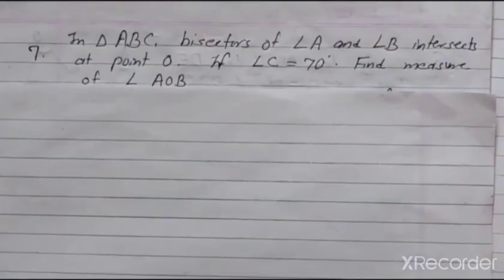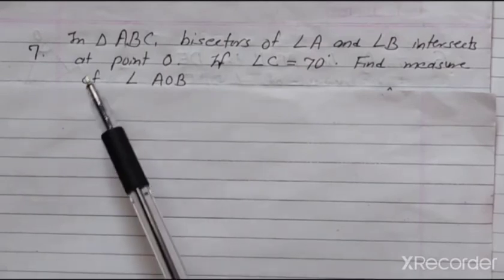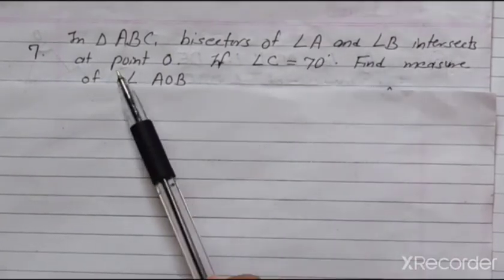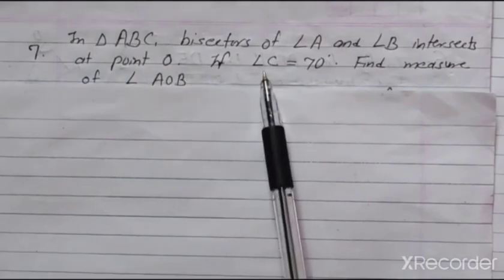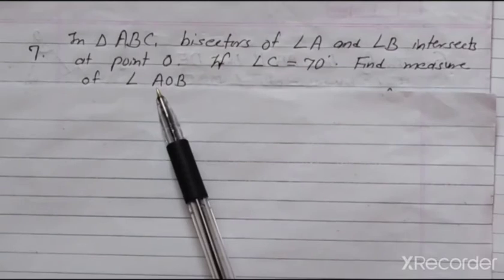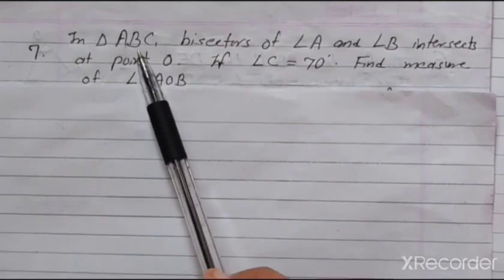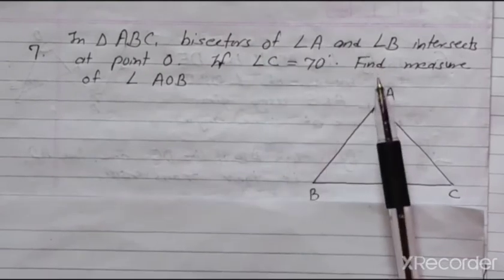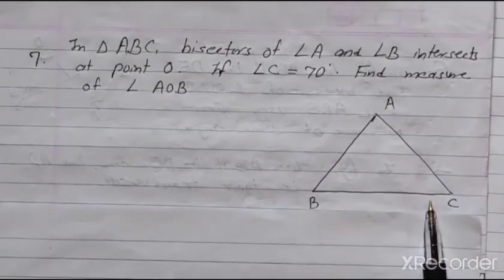Question number 7. In this question, in triangle ABC, bisectors of angle A and B intersect at point O. If the measure of C is given as 70 degrees, find the measure of angle AOB. So the diagram is not given. So let us draw one rough construction, one diagram. Suppose triangle ABC.